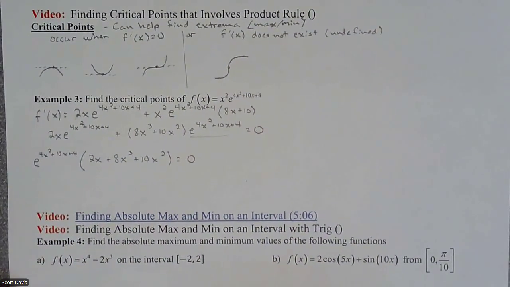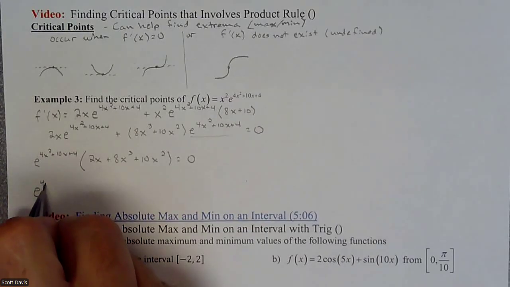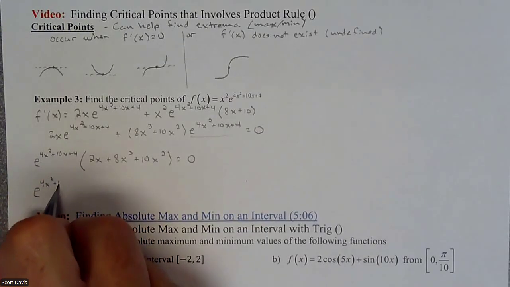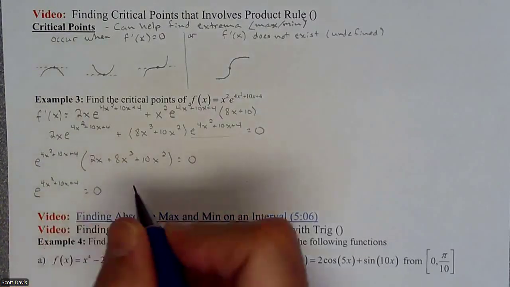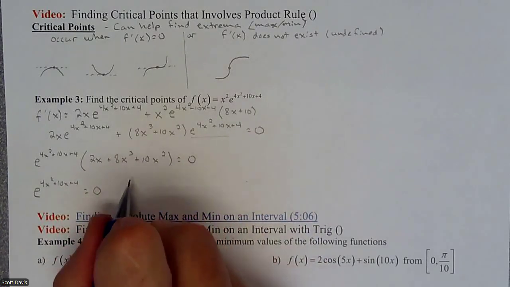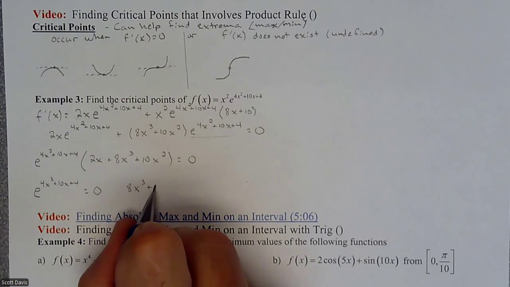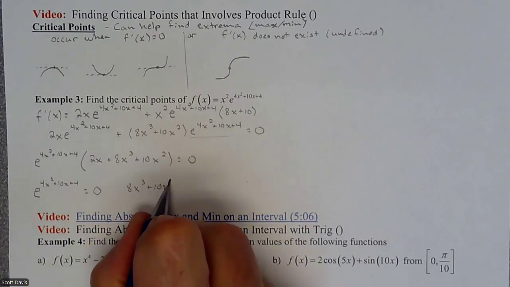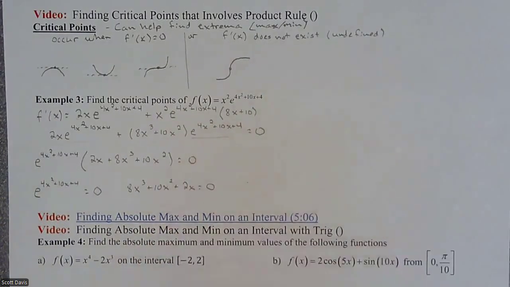So I have my factors. I'm going to set each of my factors equal to 0. So I'm going to set this exponential, 4x squared plus 10x plus 4, equal to 0. And I'm going to take this cubic, 8x cubed plus 10x squared plus 2x, and set it equal to 0.